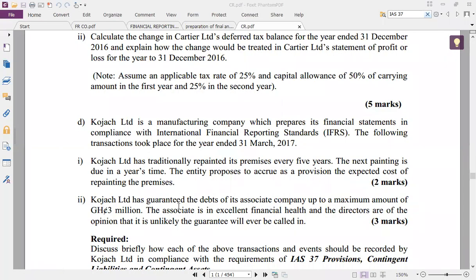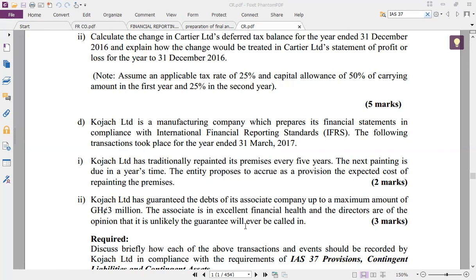Kodak Limited has guaranteed the debt of its associate company up to a maximum amount of 3 million. The associate is in excellent financial health, and the directors are of the opinion that it is unlikely that the guarantee will ever be called.